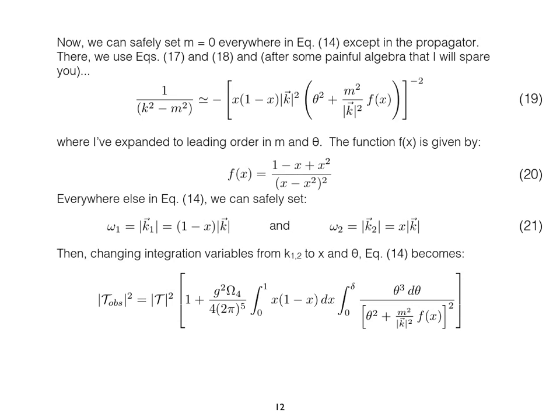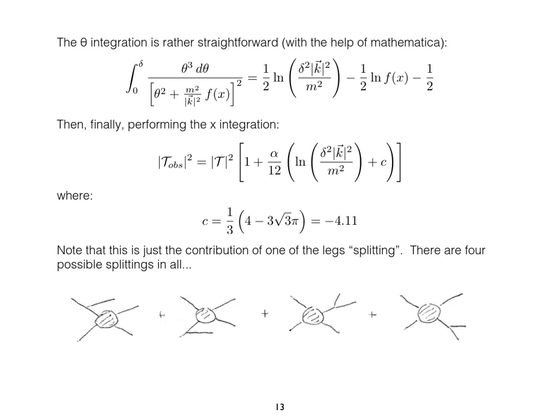And that allowed us to whittle it down to the amplitude squared being a function of 2 integrals, 1 over x and 1 over theta, which is the angular separation between these 2 particles. And it turns out that we could do those integrals. And what we ended up getting was something that looks like that t observed squared there in the middle, right, where c is just some constant.